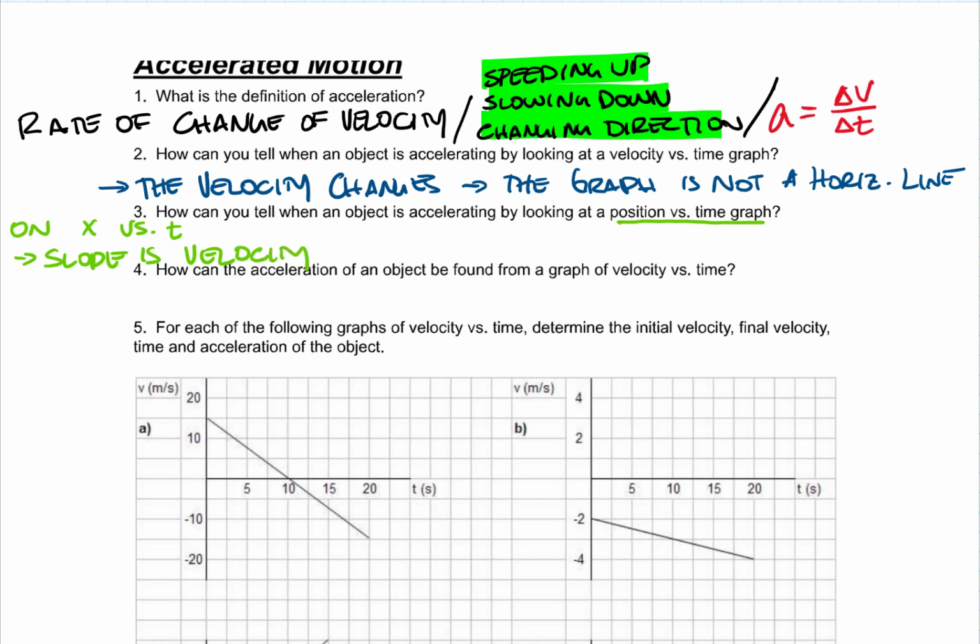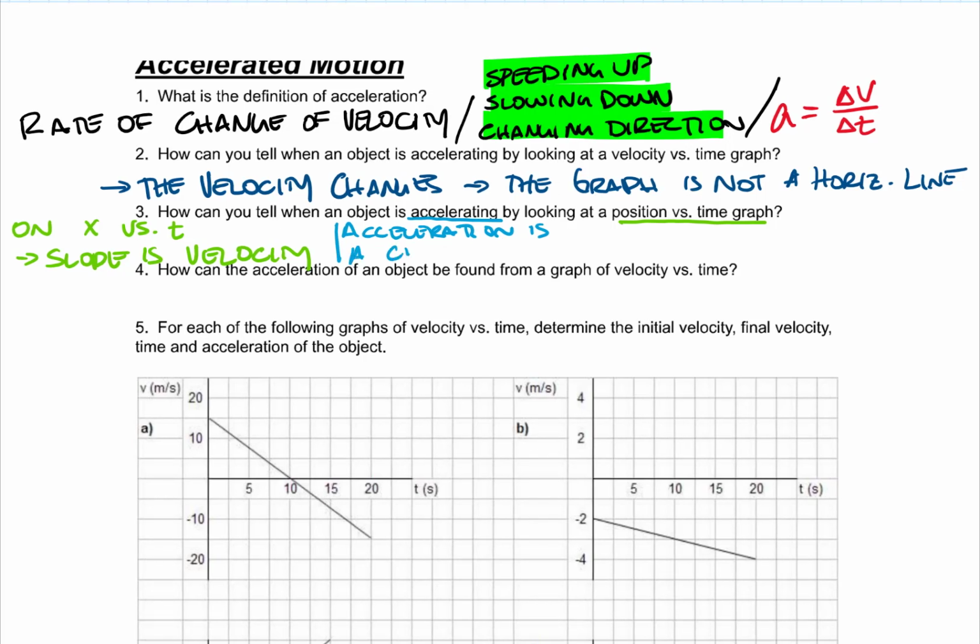That's an important part of this whole thing. So if the slope on position versus time is velocity, an object that's accelerating, acceleration is a change in velocity. That's our definition for acceleration.